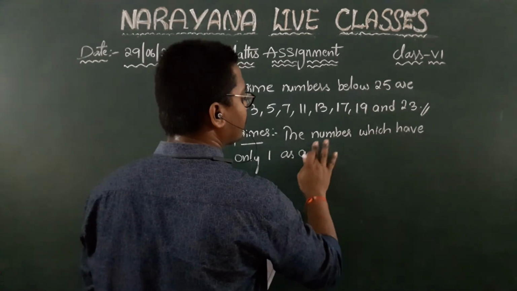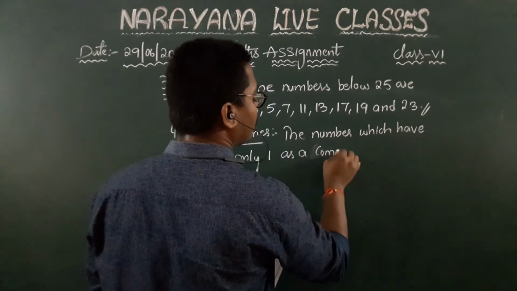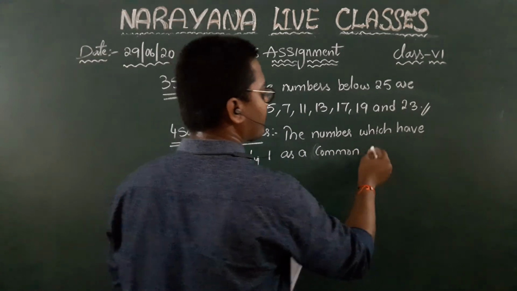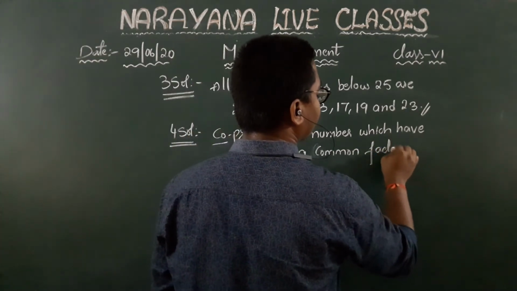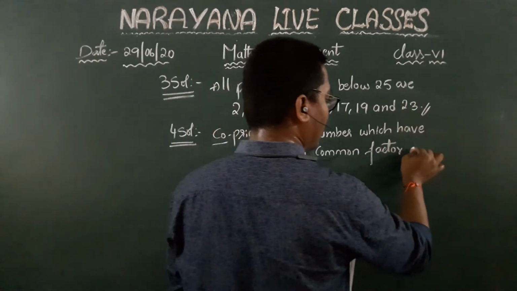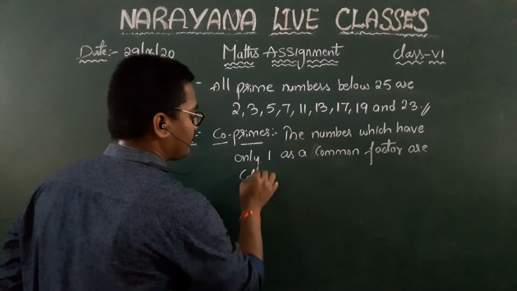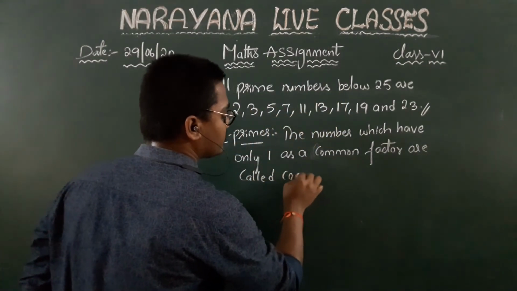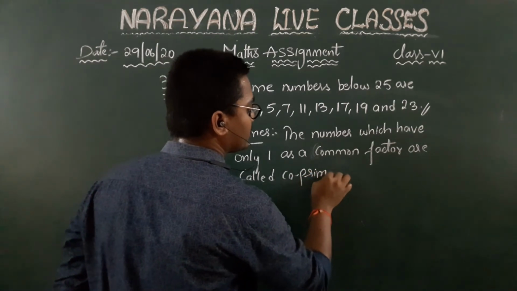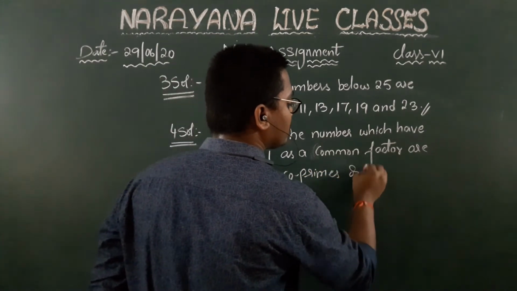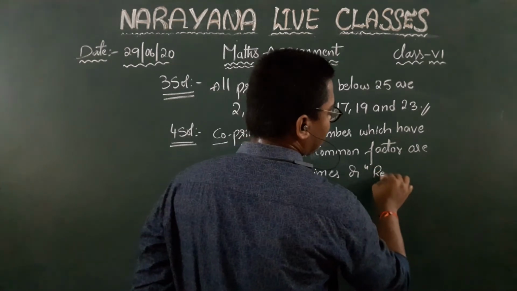They are called co-primes, or relatively primes.